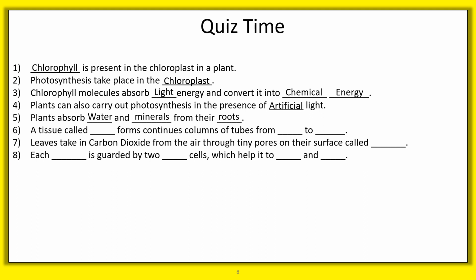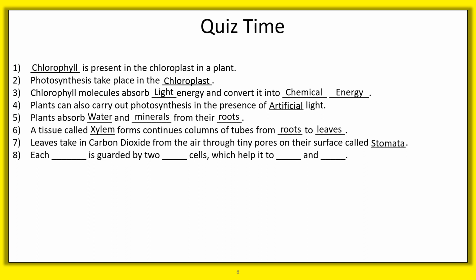The answer is a tissue called xylem forms continuous columns of tubes from roots to leaves. If your answer is a tissue called phloem forms continuous columns of tubes from leaves to roots, then also it is correct. Seventh question. Leaves take in carbon dioxide from the air through tiny pores on their surface called dash. The answer to the seventh question is stomata.